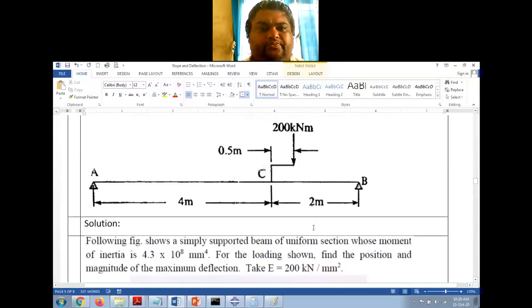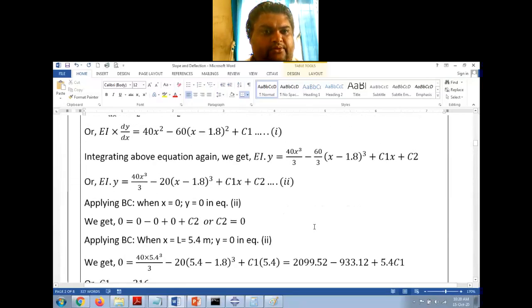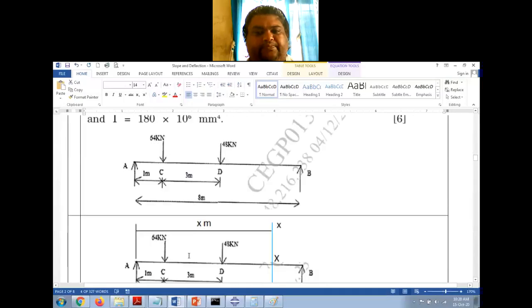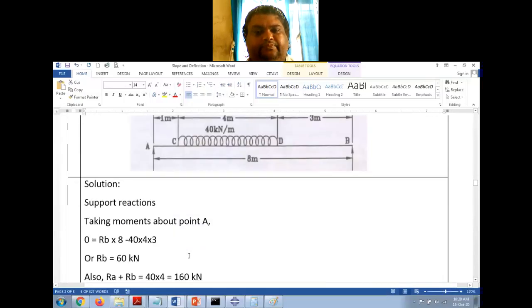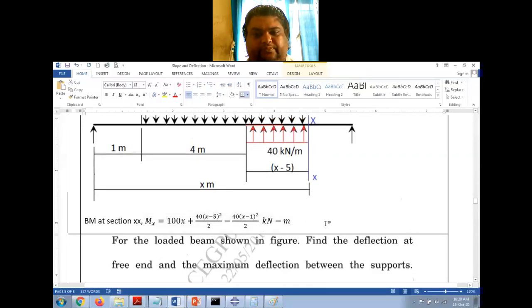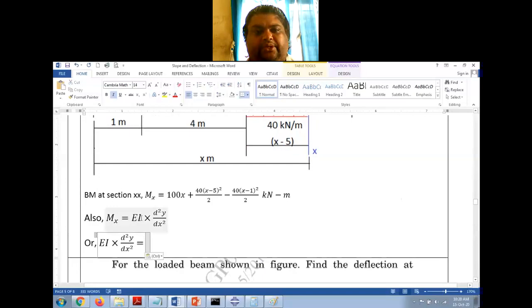Now also I'll just copy this equation. Also we have this. So I'll take till here. Mx is equal to EI d square y by dx square. I'm just equating these two expressions now.